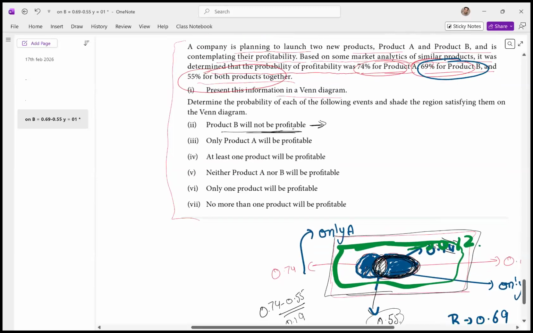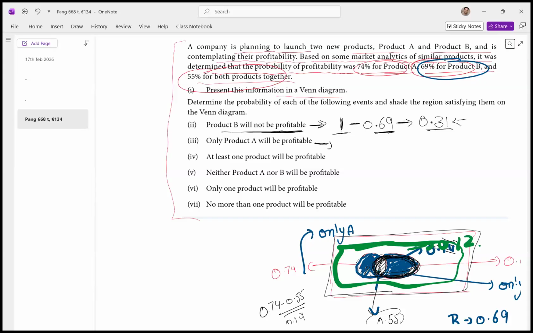So the total probability is 1 minus 0.69, which is 0.31. So the probability of product B being profitable was 0.69, and the probability of product B not being profitable is 0.31.